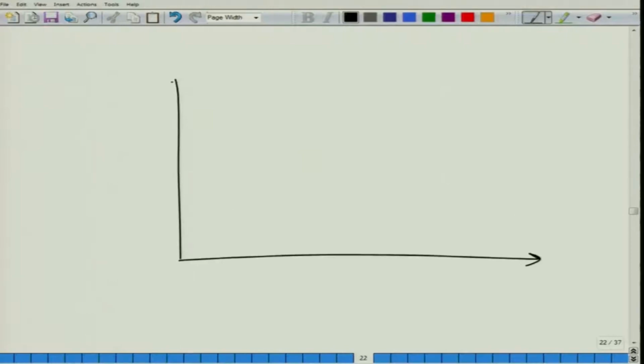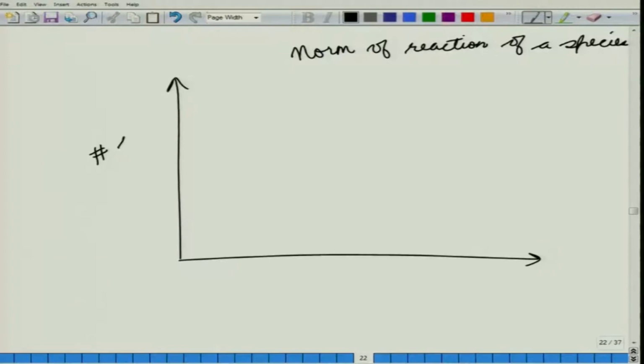So, basically if you consider any species, we are talking about the norm of reaction of a species. If we plotted number of individuals on the y axis and the conditions on the x axis, suppose we take the condition of say temperature. So, we are plotting it from 0 degrees to 10 degrees, then 20 degrees, 30 degrees and say 40 degrees.